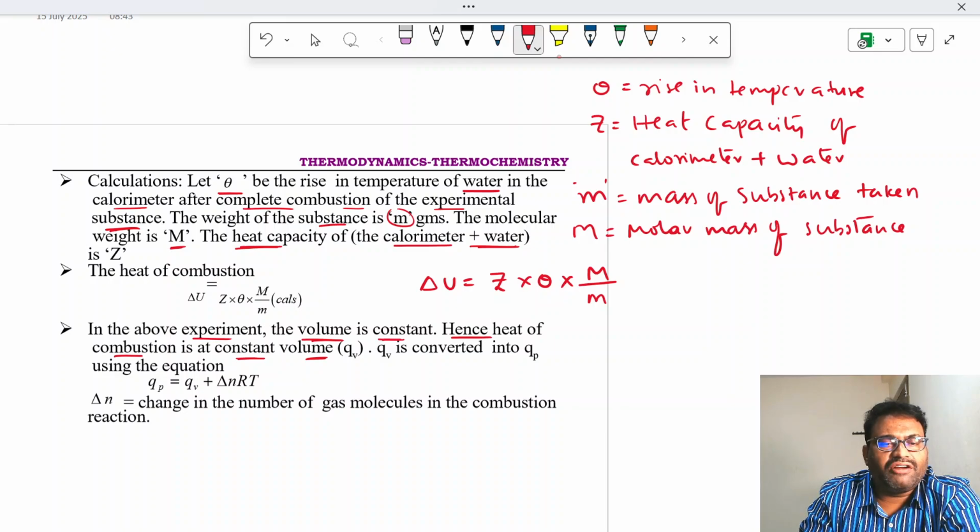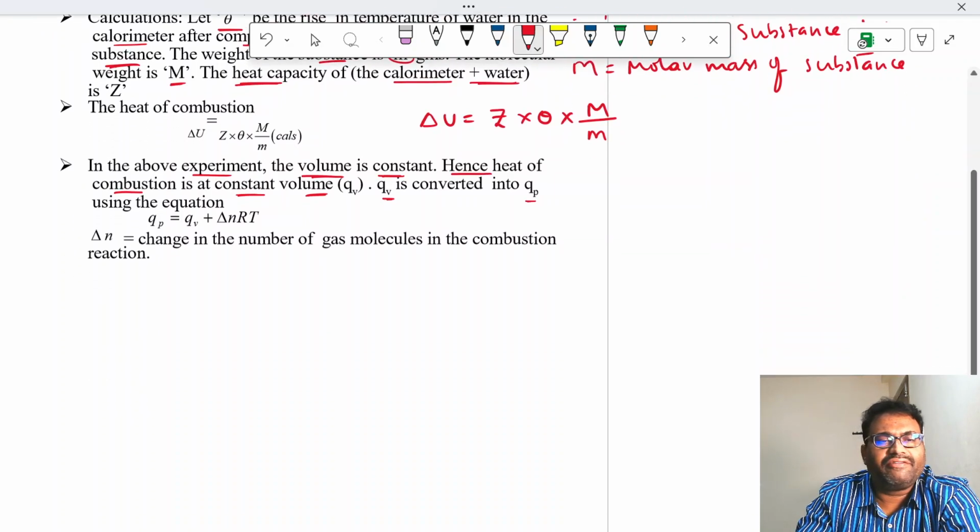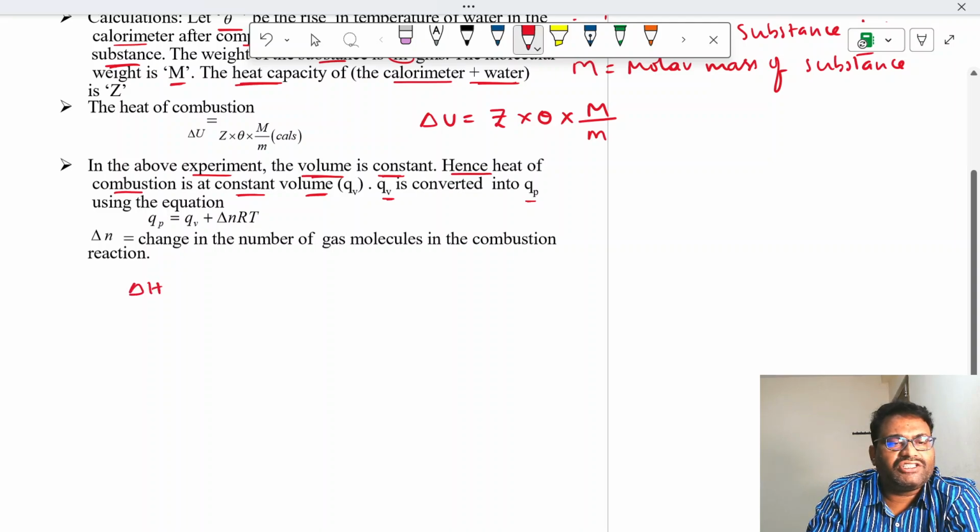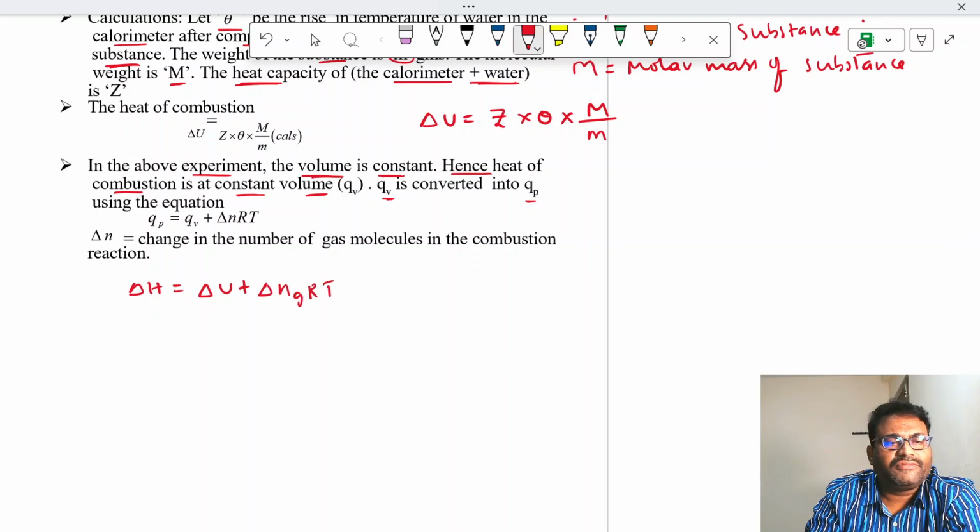If you want to convert heat of combustion into constant pressure, then you have to use the formula QP is equal to QV plus delta nRT. Already we know that delta H is equal to delta U plus delta nRT. In the same way, delta H is equal to QP. Already we have discussed that.